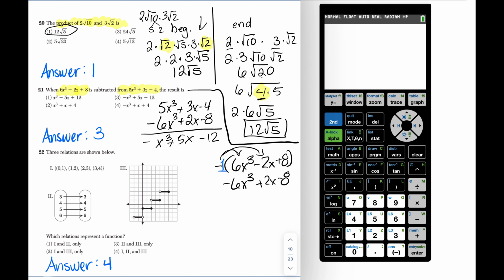Okay, so which one is that going to leave me with? Number 3. All right, but the key to this one is knowing that I'm taking this from this, so that my order is going to matter. And then you had to remember that you had to distribute that negative 1 to turn it into a subtraction problem. So those two things had to be true.